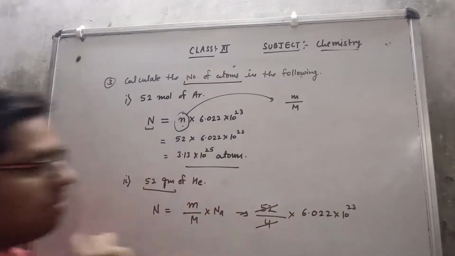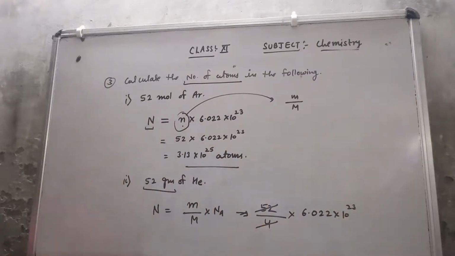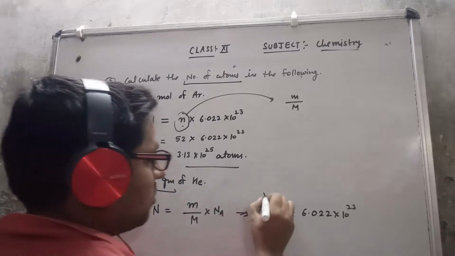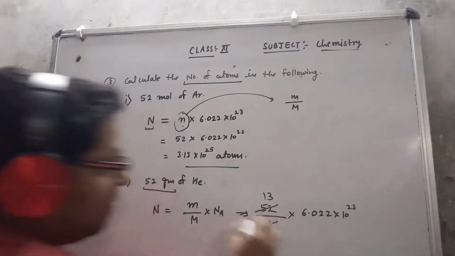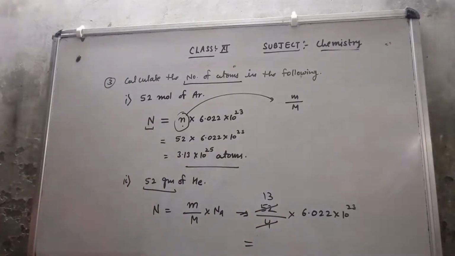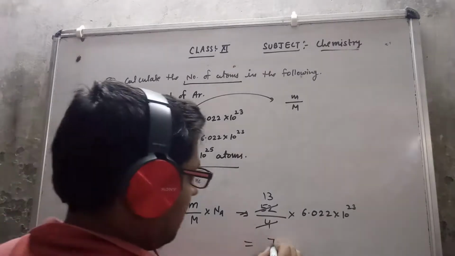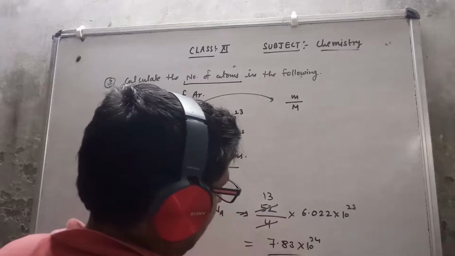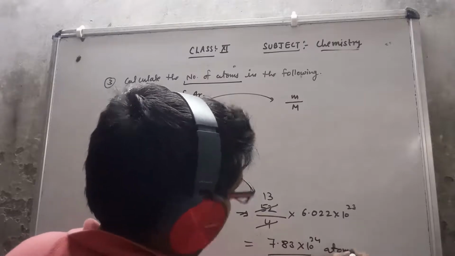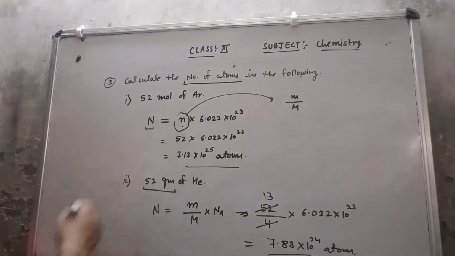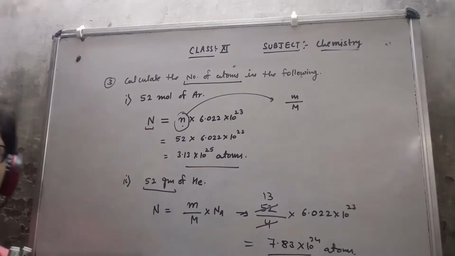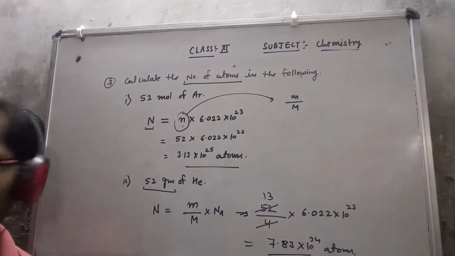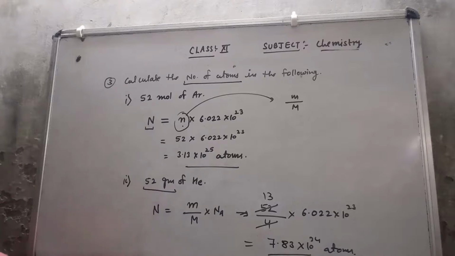Cancel 52 by 4, it is coming 13. 13 multiplied by this, we are getting 7.83 into 10 raised to the power 24 atoms. So this is the way and the formula I have indicated for how to solve it. After this I am going to the next question.